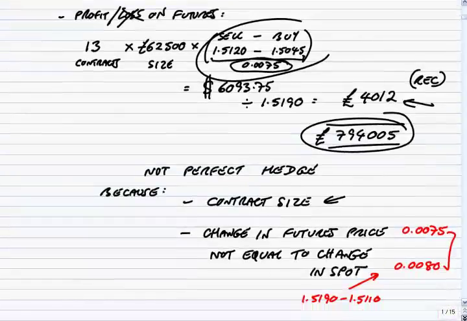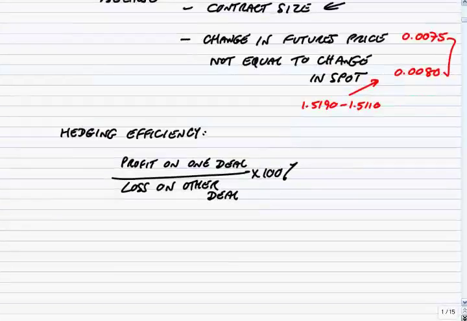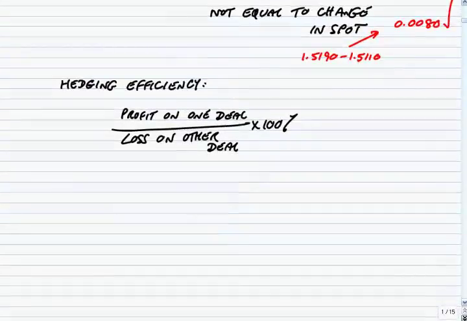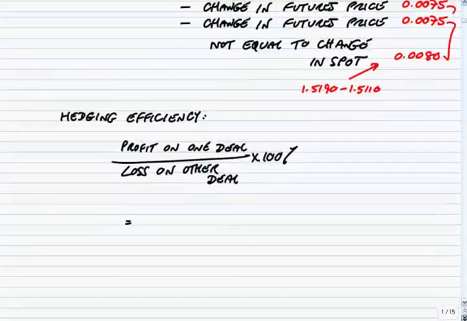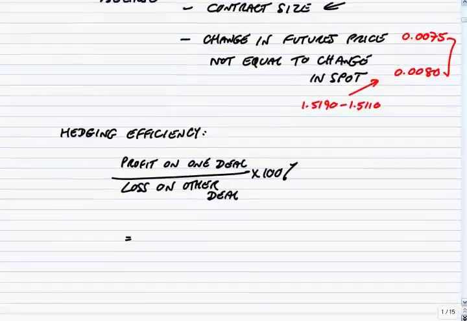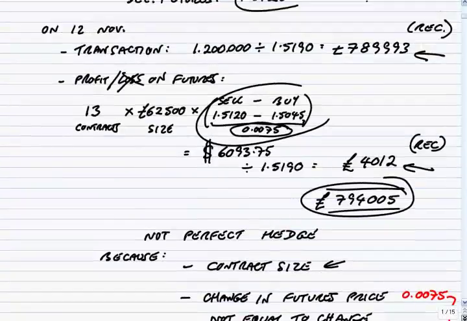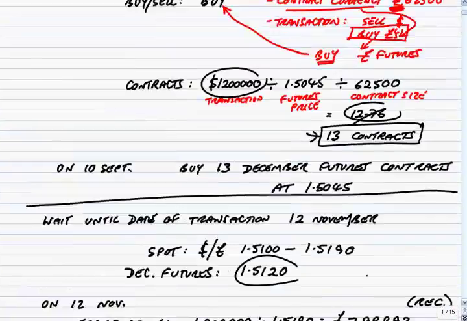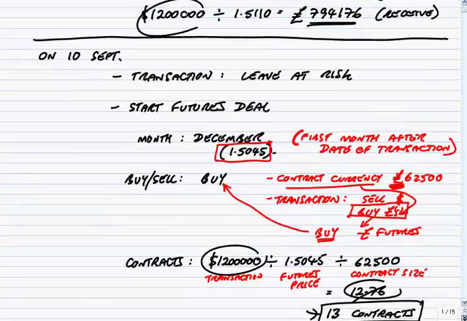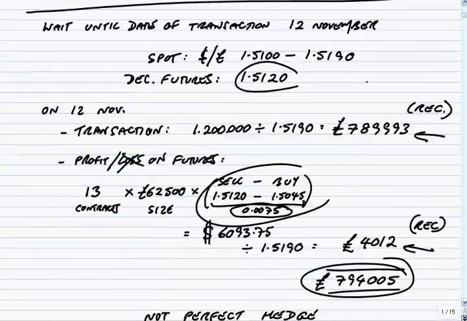Well, the efficiency is always the profit, whichever it was where we made the gain, divided by the loss. Well, here it was the futures that made the profit, 4012. It was on the transaction that we lost money, and how much did we effectively lose? Well, remember, at today's rate, it would have been 794,176.